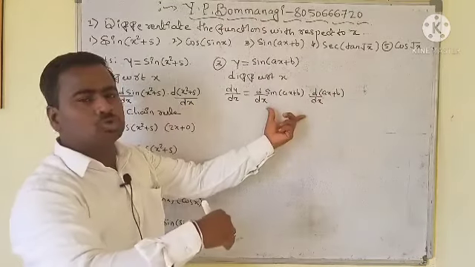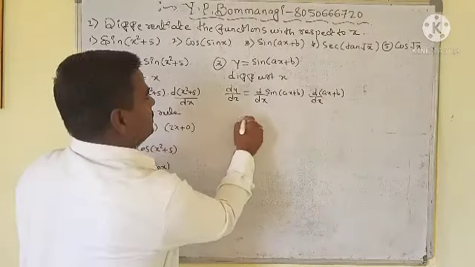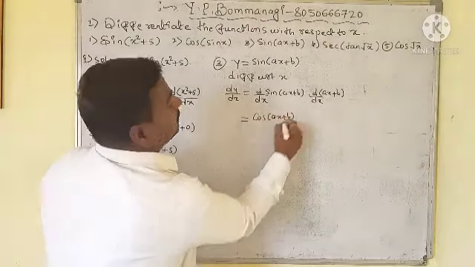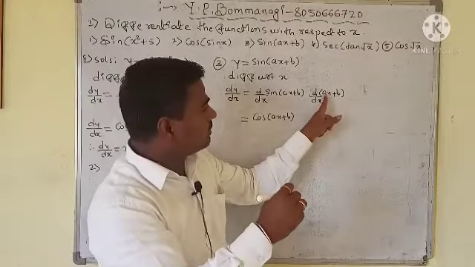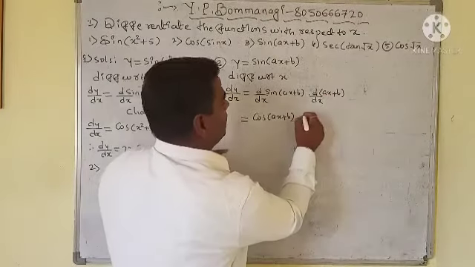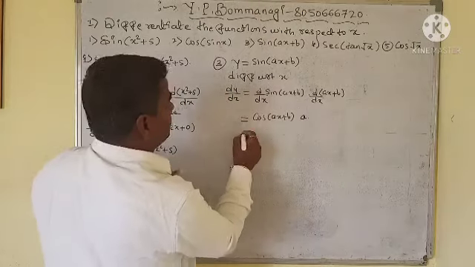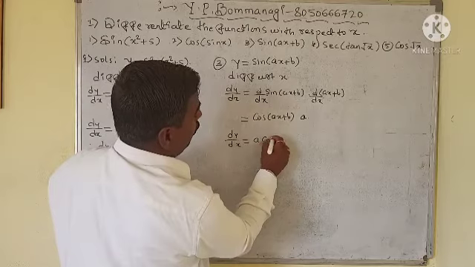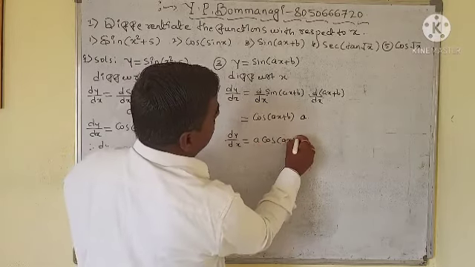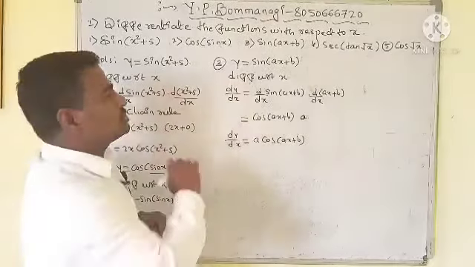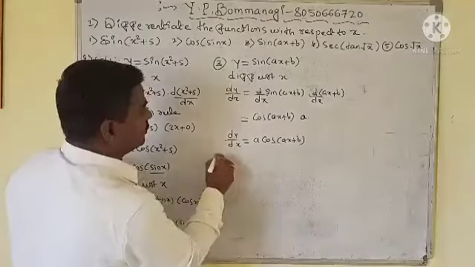Clear how I am going to split up these values? So cos of ax plus b. Here keep observing: a with the variable only, and b is 0. So directly I can write a. Therefore dy by dx is equal to a cos of ax plus b, right? Most of the time they are asking this question.